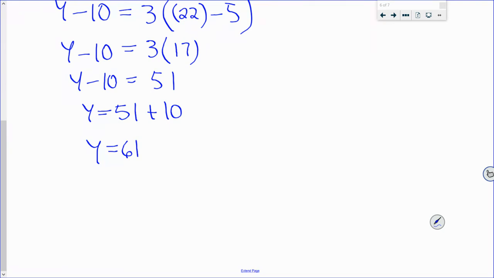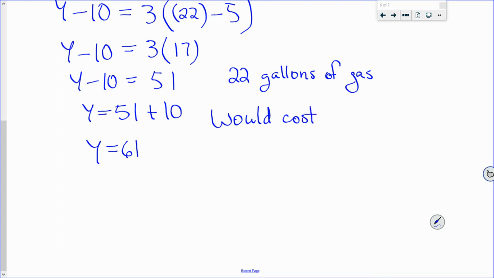So I need to summarize that. 22 gallons of gas would cost $61 in this loyalty program.